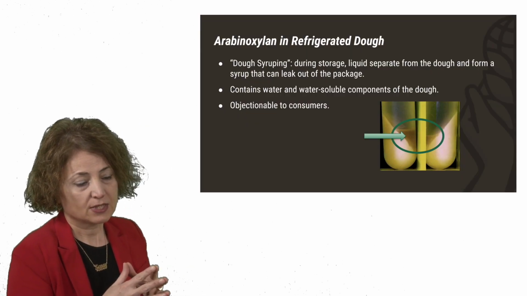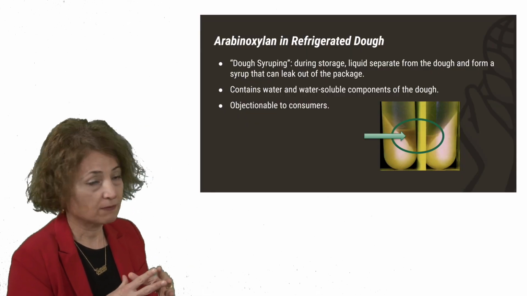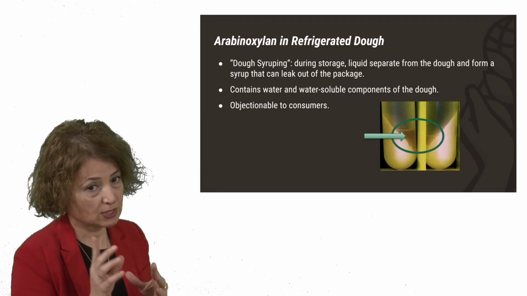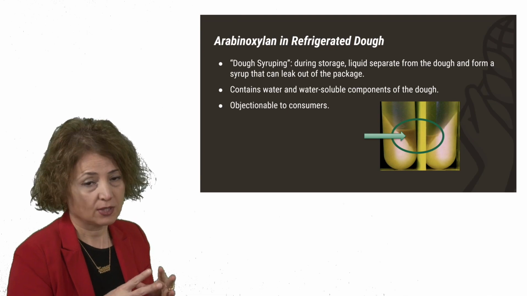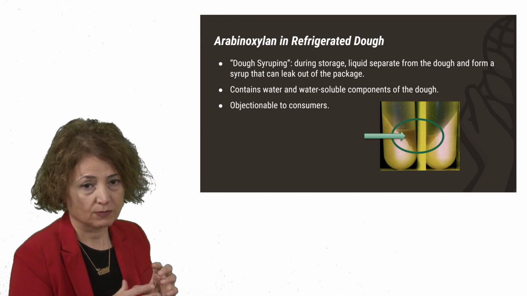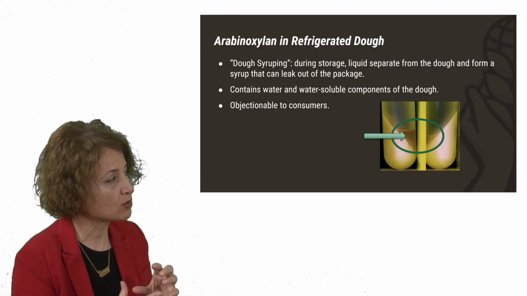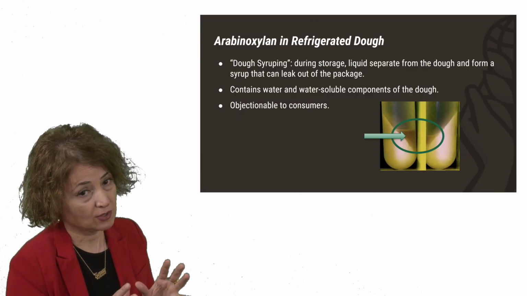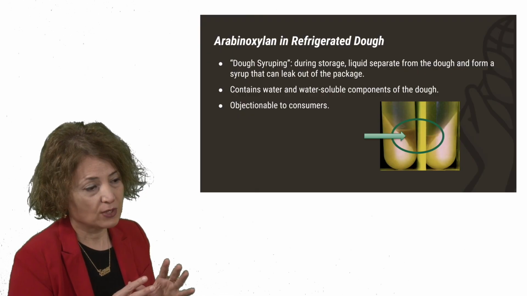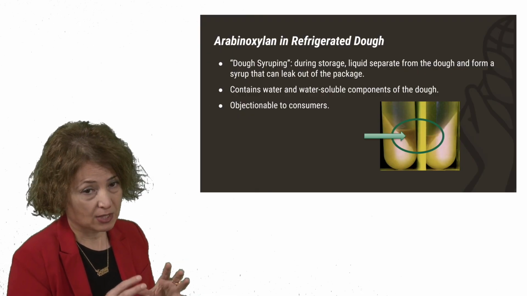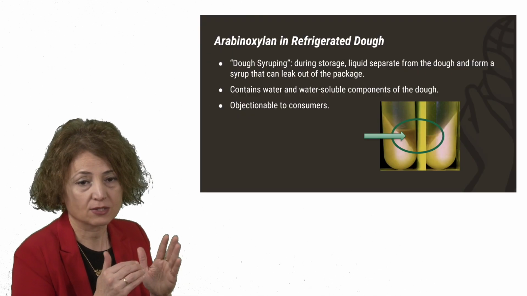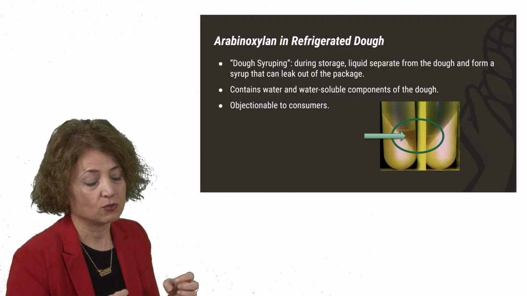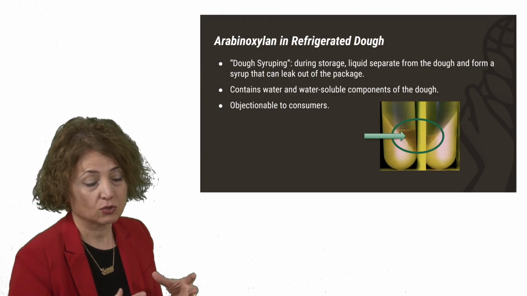So this is a major problem in refrigerated dough formulations. Refrigerated dough is different than frozen dough. The refrigerated dough is prepared very close to optimum water absorption, and the dough is stored at refrigerated temperatures. If there is a very small amount of enzyme activity that is hydrolyzing, reducing the size of arabinoxylans, then we have water release into the dough system.